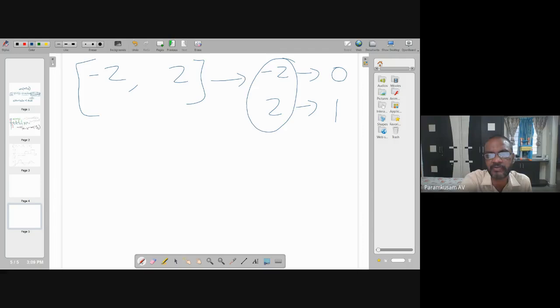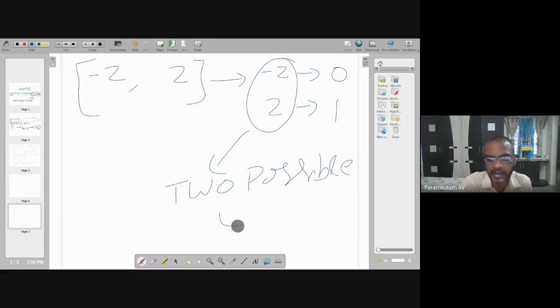Two possible values convert చేయాలంటే 2 possible values ఉన్నాయి. దాన్ని కన్వర్ట్ చేయాలంటే how many bits are required? చెప్పండి, ఎన్ని బిట్స్ కావాలి మనకి?